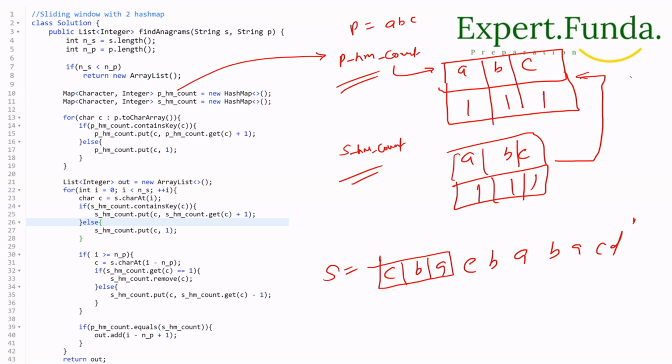So on the output we will add this index, because at this index we got our starting index, and we will put 0 onto the map. So we have updated because we got the same HashMap. HM currently starts from index 0, and then we will move to the end of the length.